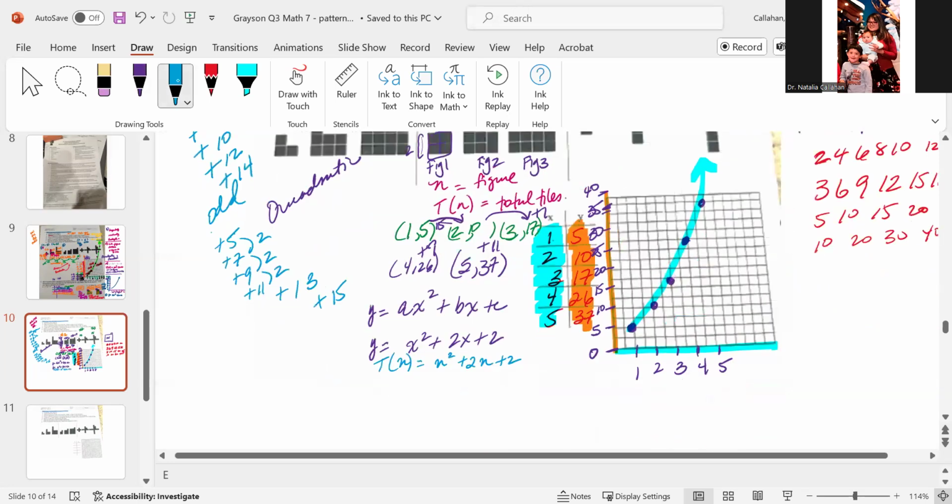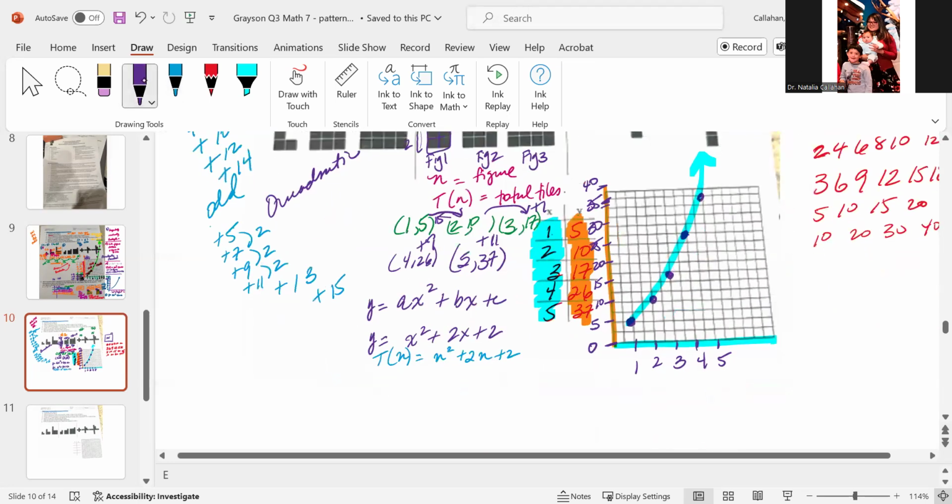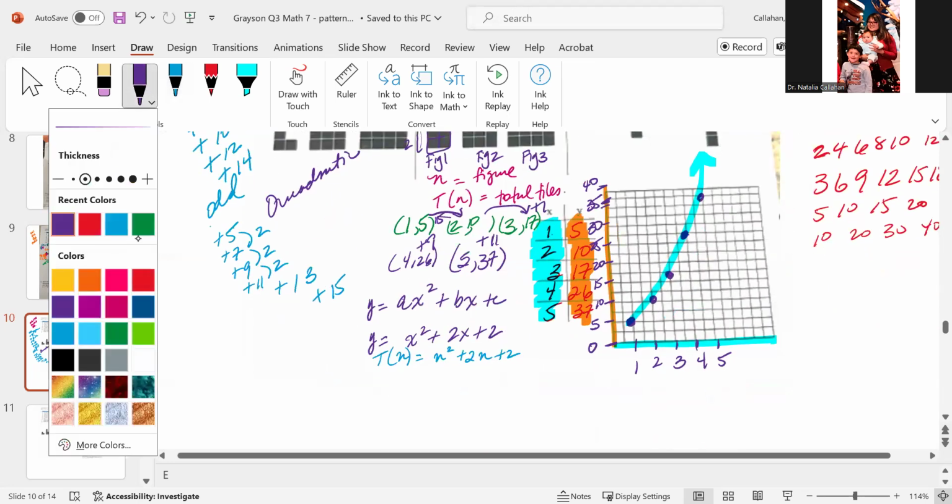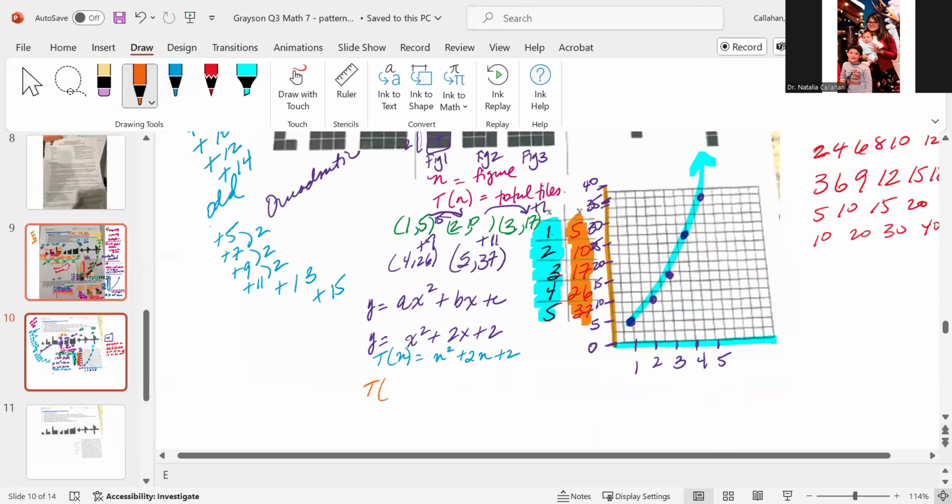Do you see that? The reason why this works is let's say we're looking at figure 4. So t of 4 equals 4 squared plus 2 times 4 plus 2. You see how I replace it? 4 times 4 is 16 plus 8 plus 2, which is 26. That's the y value. Isn't that y value exactly what you found from drawing it right there?